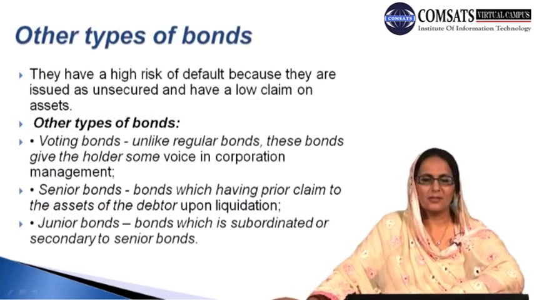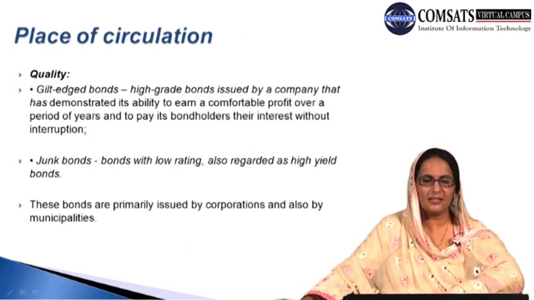Other types of bonds have a high risk of default because they are issued as unsecured and have a low claim on assets. As far as junk bonds are concerned, if we discuss the previous slide, among the junk bonds we can say they are low rating but high yield bonds.